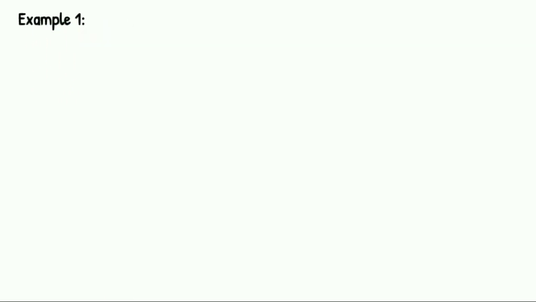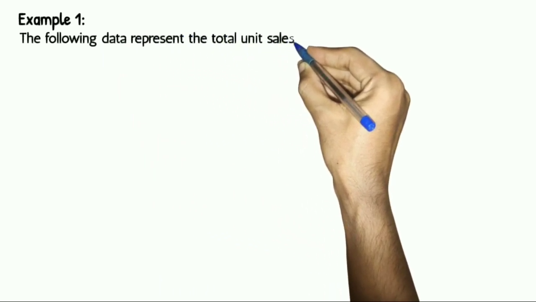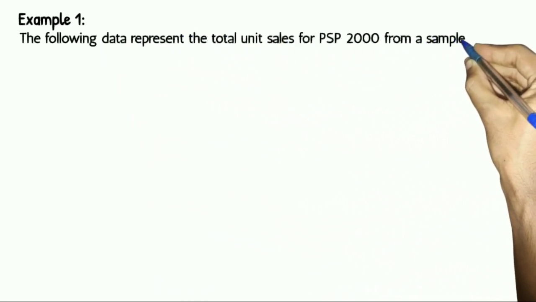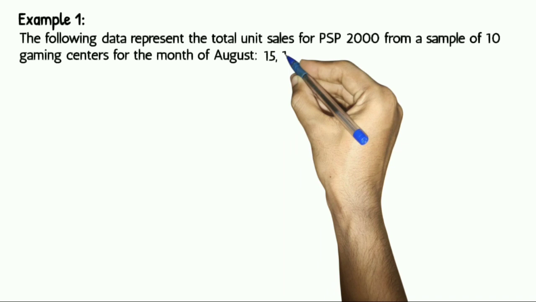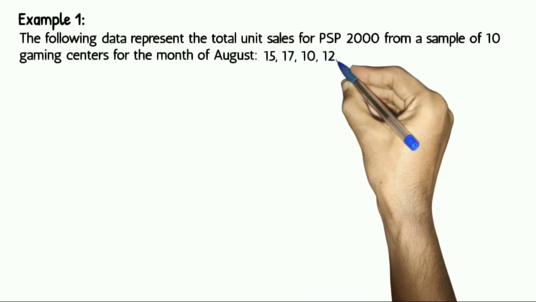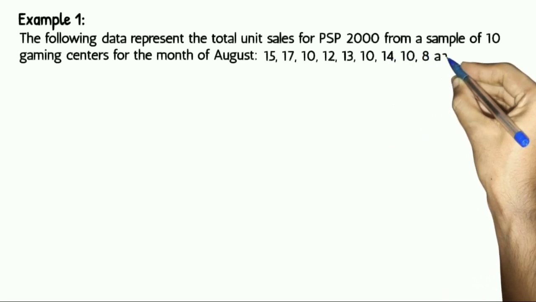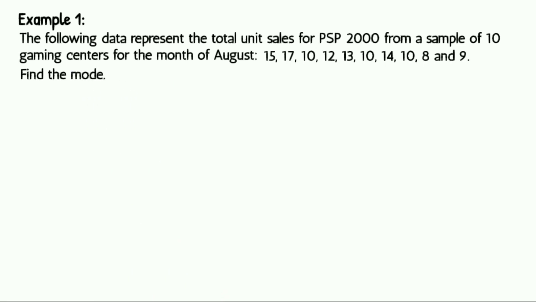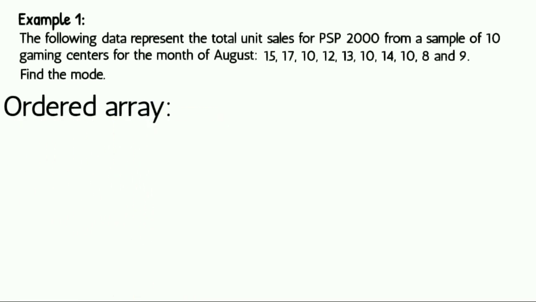Let's have example number 1. The following data represent the total unit sales for PSP 2000 from a sample of 10 gaming centers for the month of August. 15, 17, 10, 12, 13, 10, 14, 10, 8, and 9. Find the mode. The first thing to do is arrange the data set from lowest to highest, in ascending order. The lowest is 8 and the highest is 17.